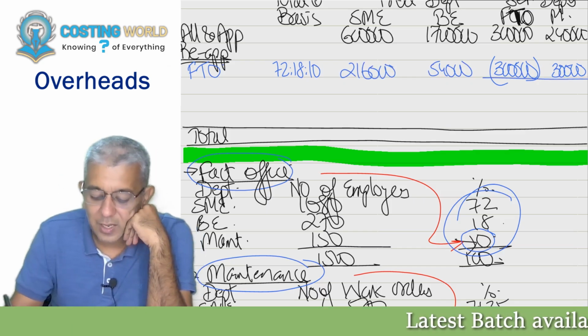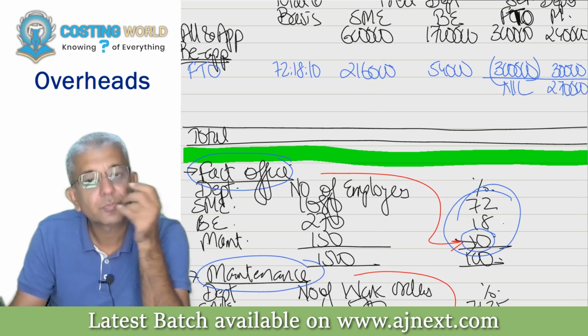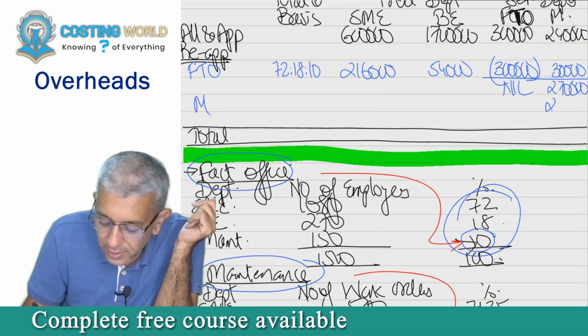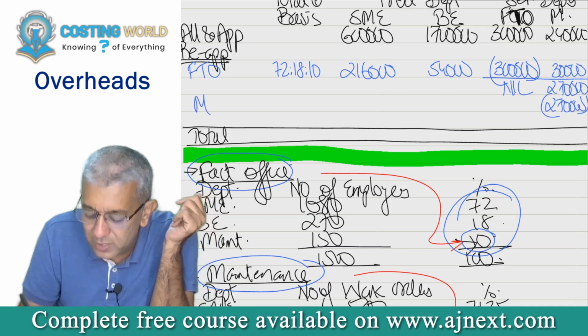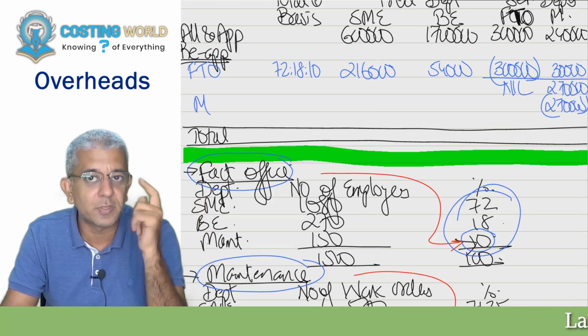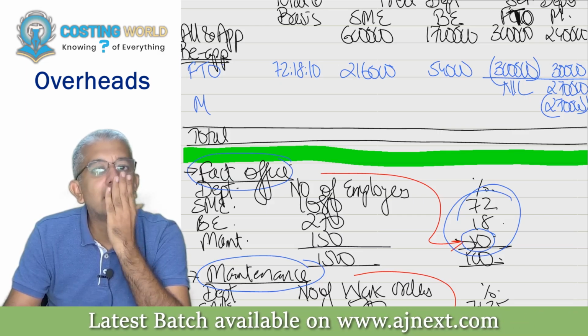Now, can we say this cost will become nil? This will become 2,70,000. Now, 2,70,000 is maintenance cost. Can you say 2,70,000 has to be subtracted from here? Now, it has to be divided among which departments? Tell me the names, please. SME and boat engine.